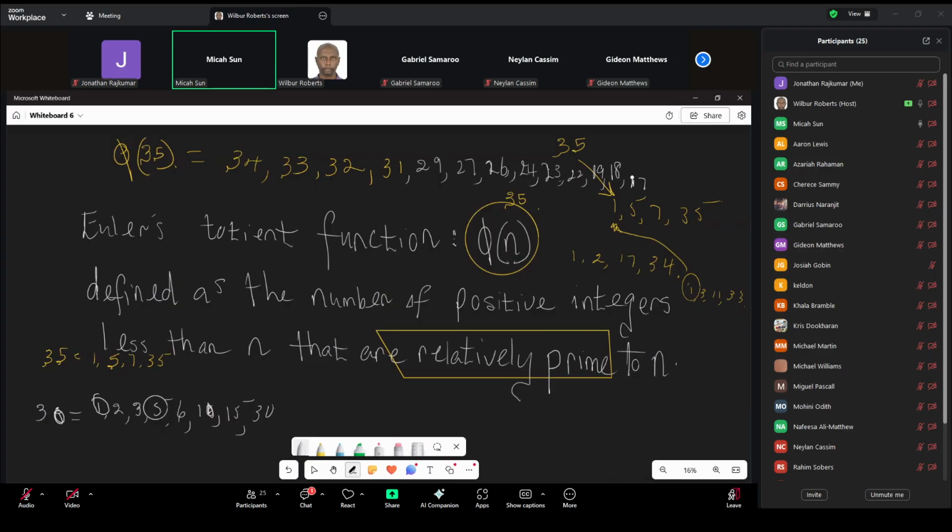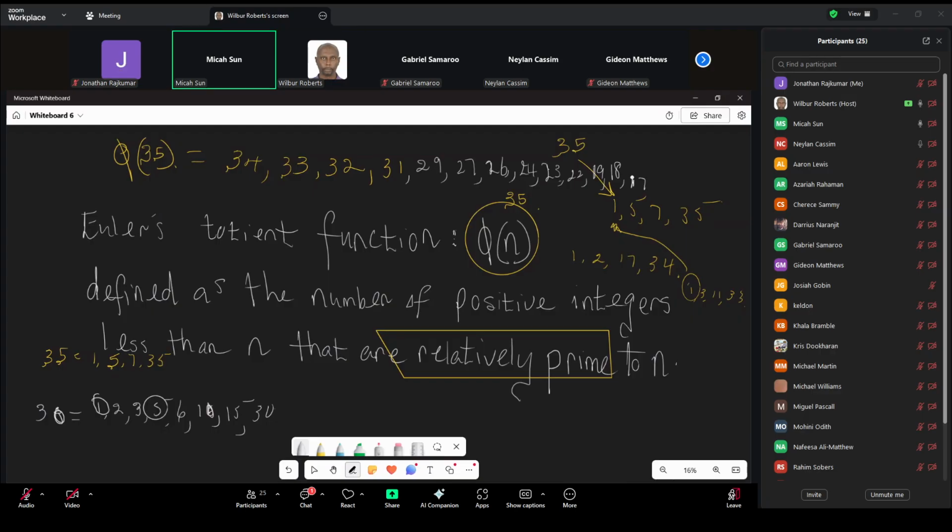Excuse me, sir, I get 16 and 13 after 17. Yes, but you have to go right down through all the numbers that are less than 35.